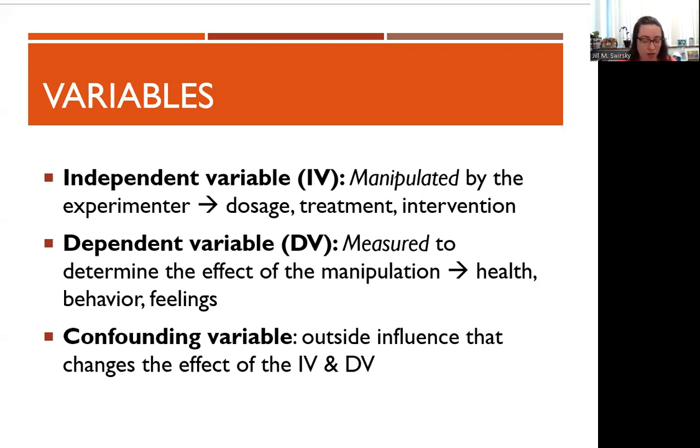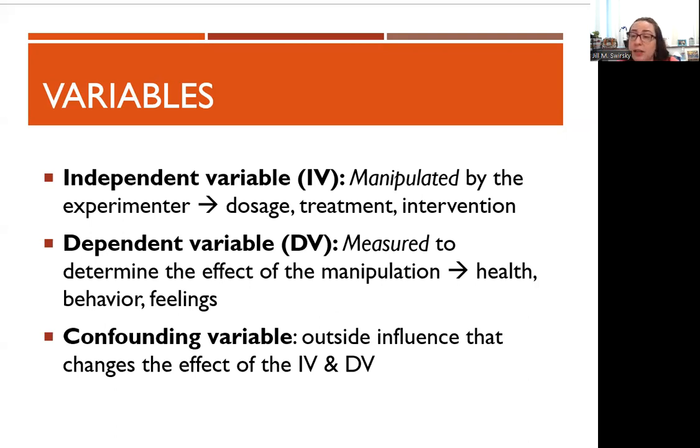Can you think of any? I'm thinking about things like stress, mental health, physical health, family history. These are all going to impact our blood pressure that are unrelated to our exercise levels and to our medication.